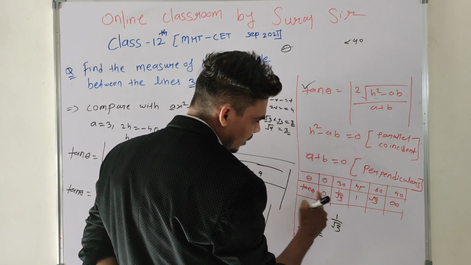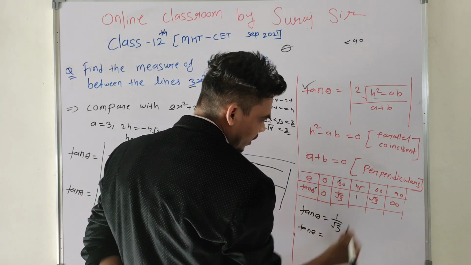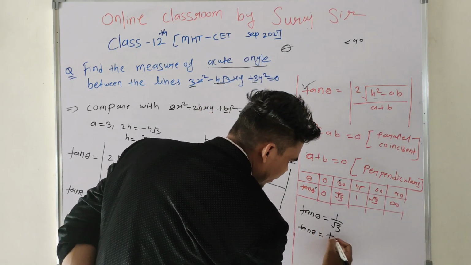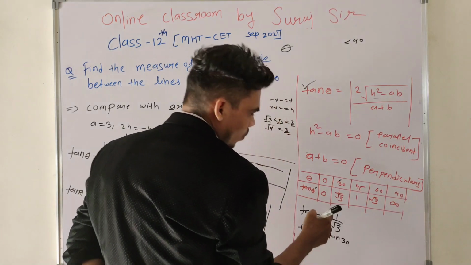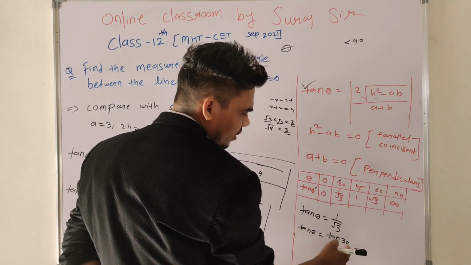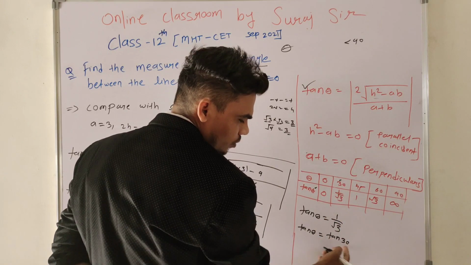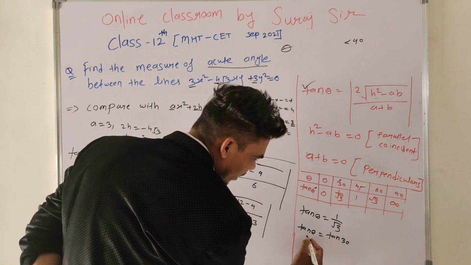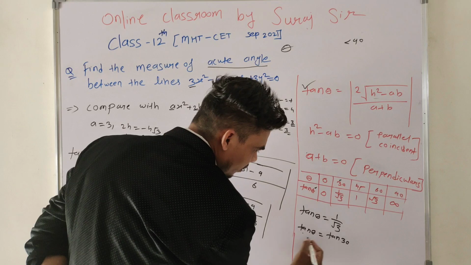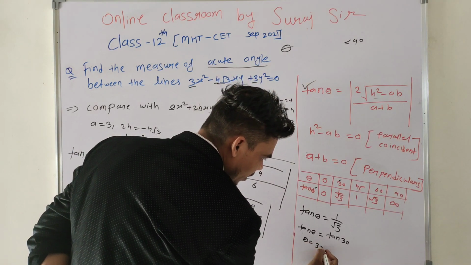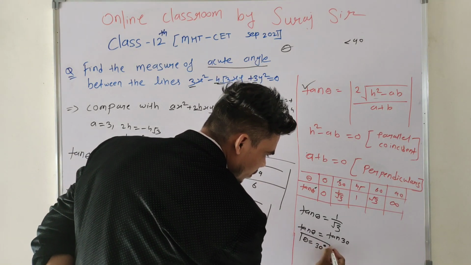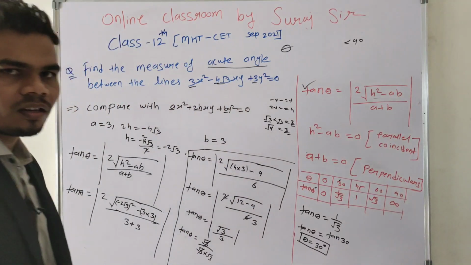That's why we can write here tan 30. What is the value of tan 30? 1 upon root 3. So 1 upon root 3 is equal to tan 30. Then, comparing tan theta, theta is equal to 30 degrees. This is your final answer.